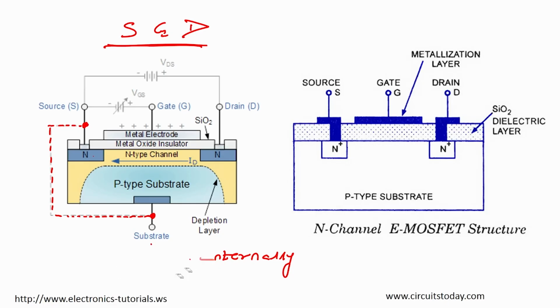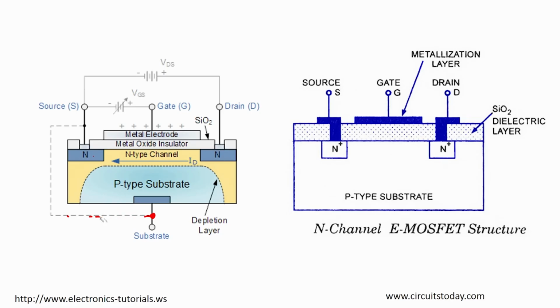Let us go to the next figure which we have on the screen, and that is our n channel enhancement type MOSFET structure. This I have taken from circuitstoday.com. Here, we again see that there is a p type substrate.